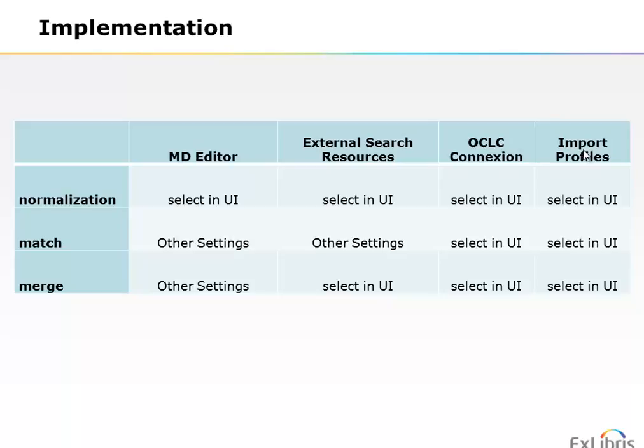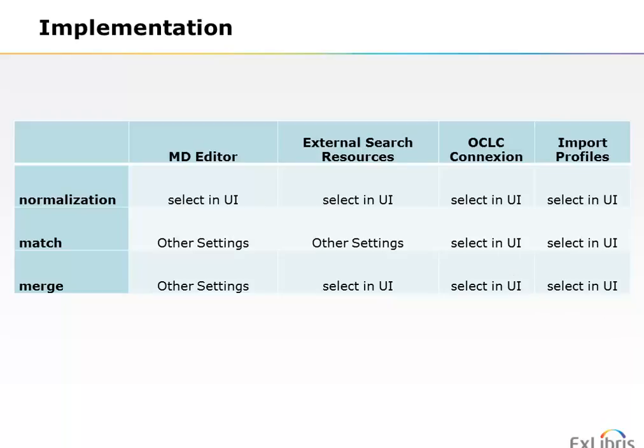As we saw, normalization rules are configured in each one of those places through the user interface. For the match methods, we must configure the Other Settings table for the match method of the metadata editor, which will be the same match method used when importing via the external search resources.